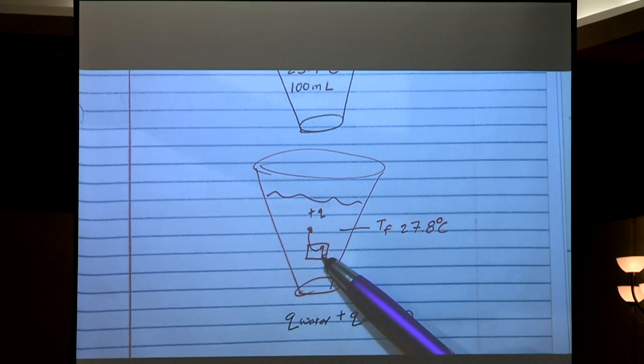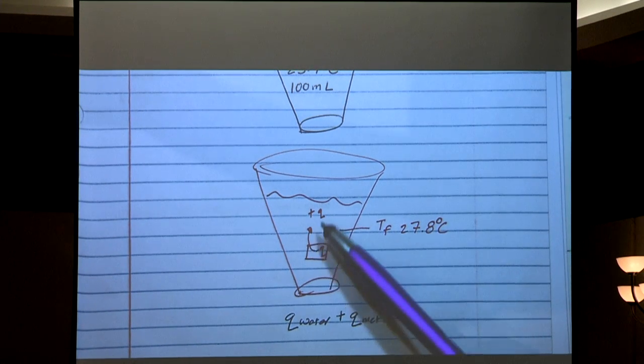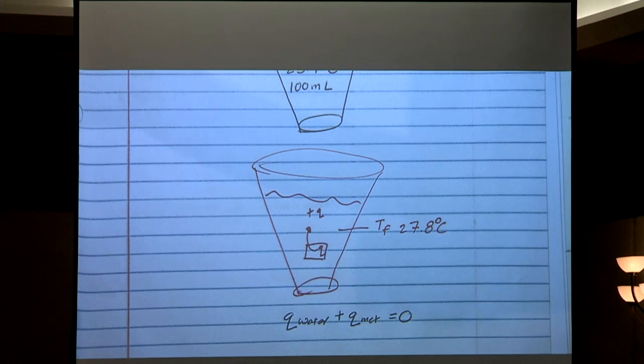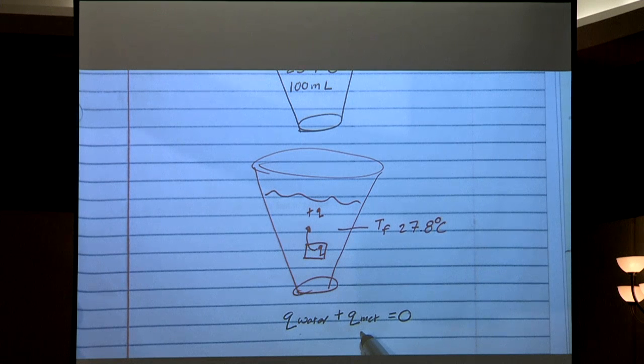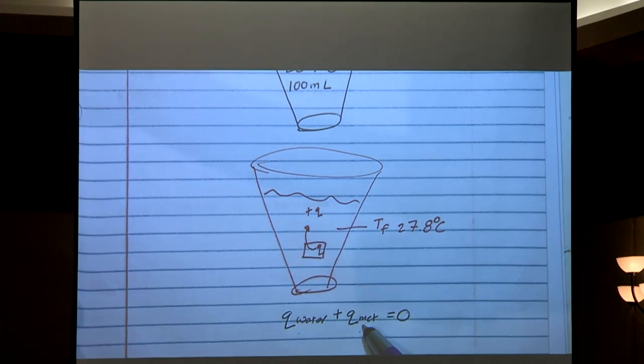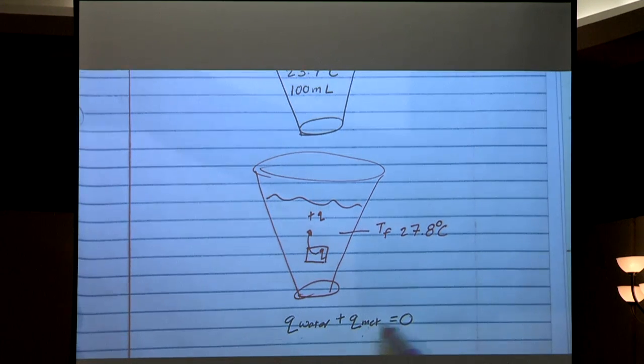The amount of heat lost by the metal is the same as the amount gained by the water. One of these is going to be negative, so it equals 0. That's just the way I look at it. You can do the Q equals negative Q thing. Go for it. I do Q for the water plus Q for the metal equals 0.